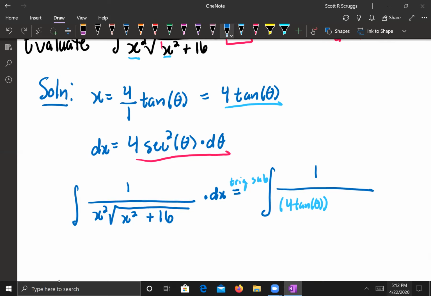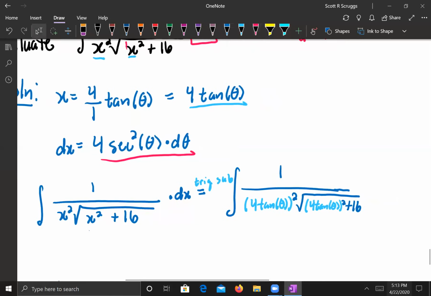Since I had an x squared, it's substituted in there, times the square root. I see another x in here, which means I substitute in a 4 times tangent of theta in there. And because I had an x squared, that's going to be squared as well, plus 16, times, now I'm going to replace dx with 4 times secant squared of theta d theta.